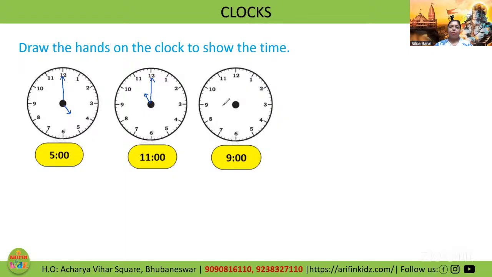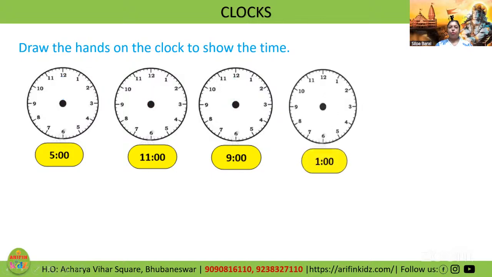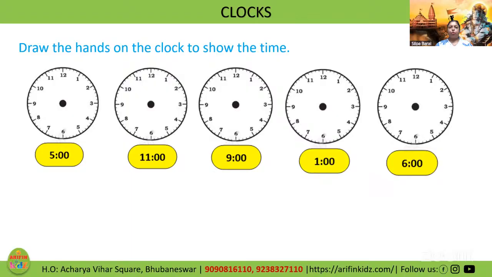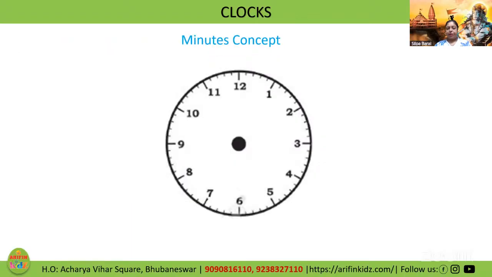This is 9 o'clock. So I have to draw like this. Okay. Is that clear? So this was a simple activity, beta. Some more questions are there, but I'm going to skip and I'm not going to draw. Now come to the part here.